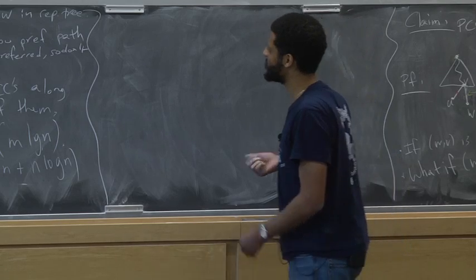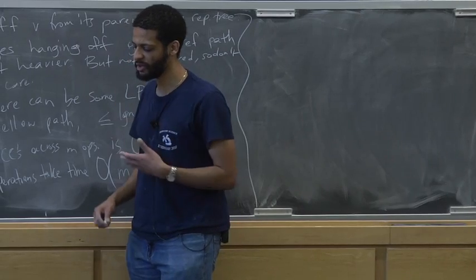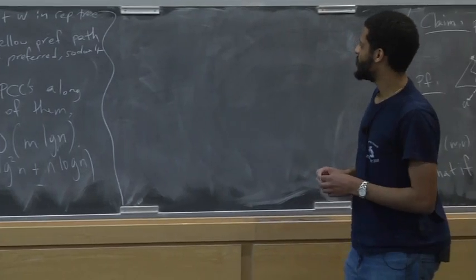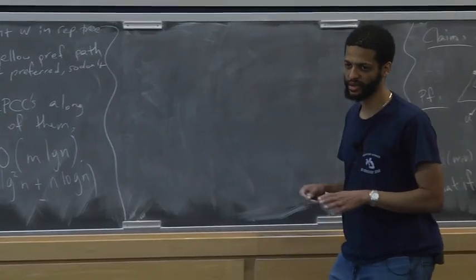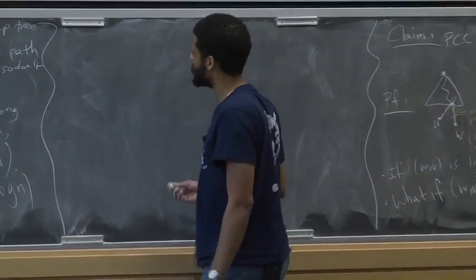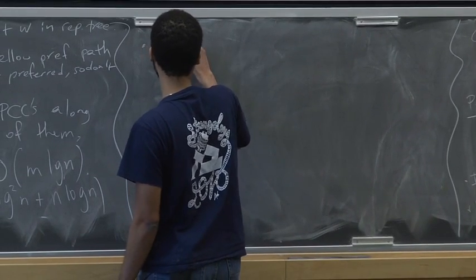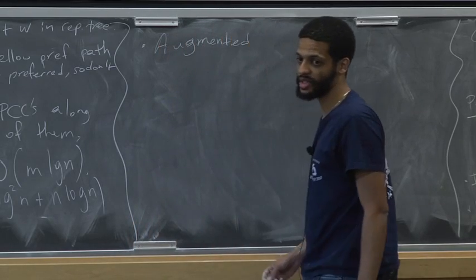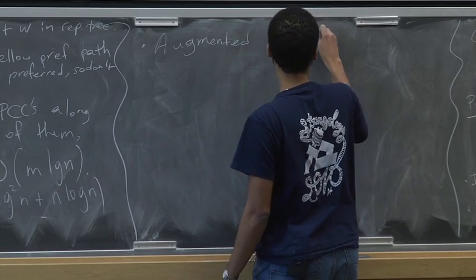Your question is, how do you do things like add and subtract flow? I won't go into all the details, but the heart of it is basically augmented BSTs, which you'll use inside of your aux trees. Your aux trees will be augmented binary search trees.